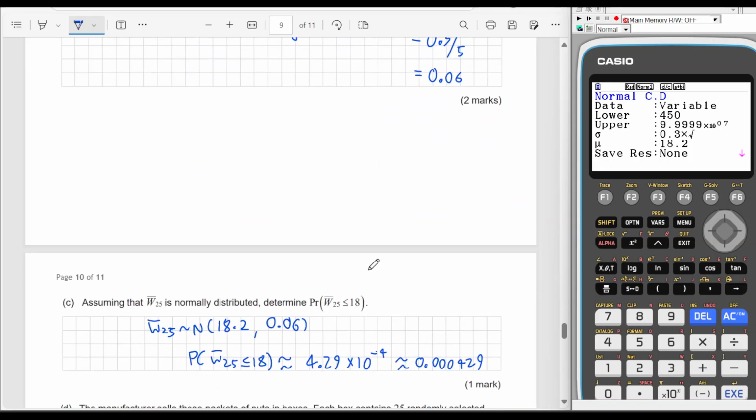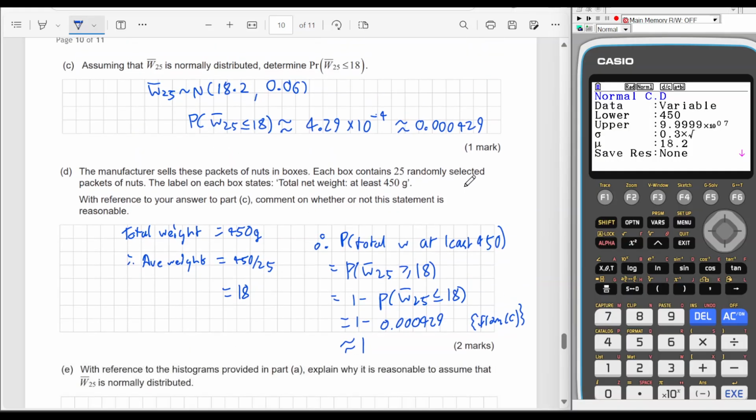I think it's 25 boxes, isn't it? Yep, 25 bags. And the mean would be 18.2, the original mean, times 25. Now, if we do all of that, you basically get 1. So that would be the other way, using the S25 method.